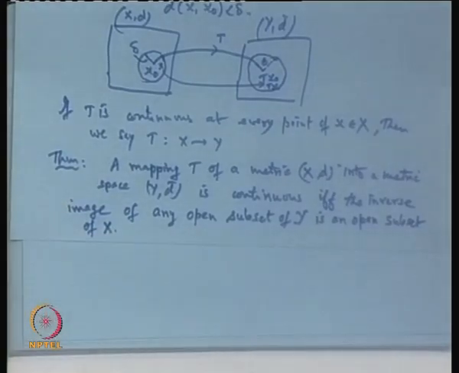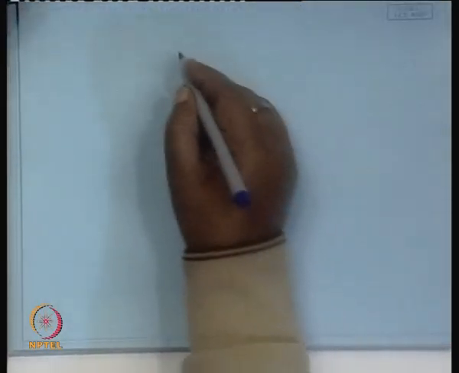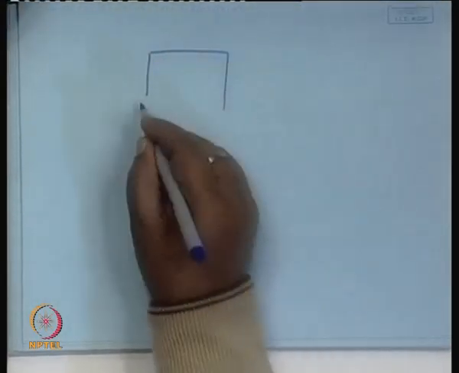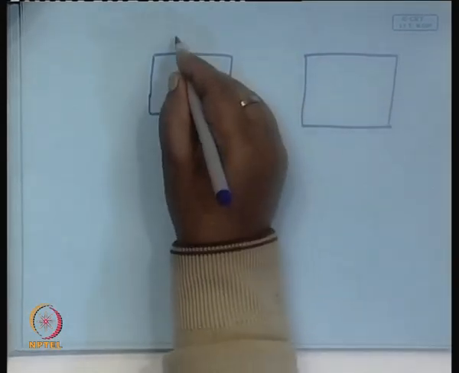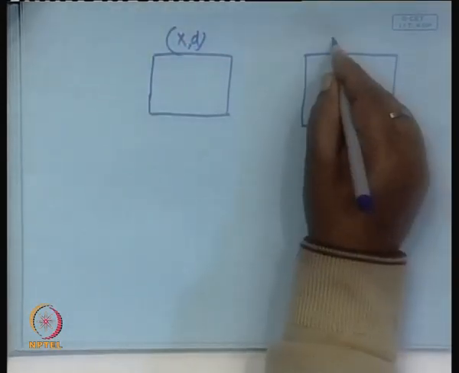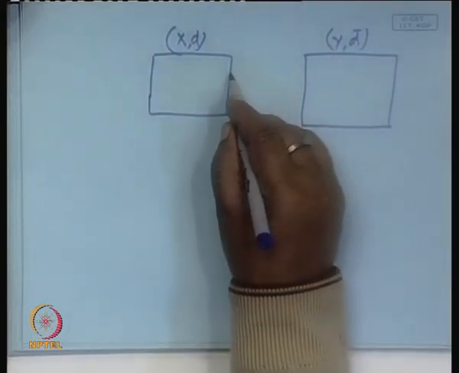Let us say T is a mapping from X, d to Y, d bar.